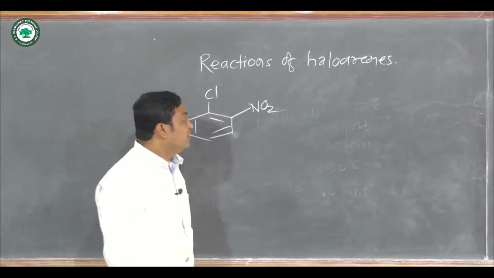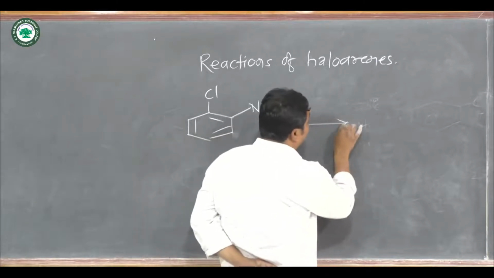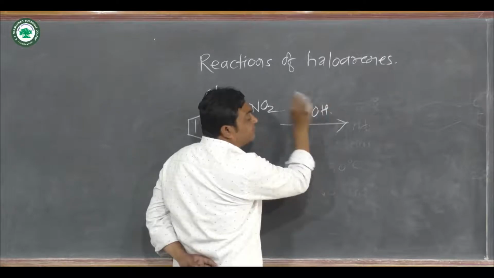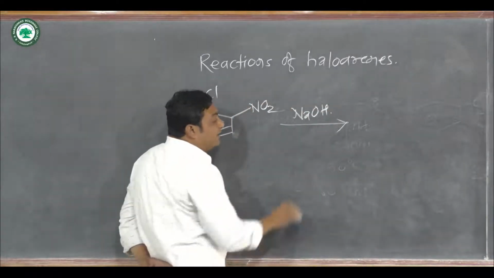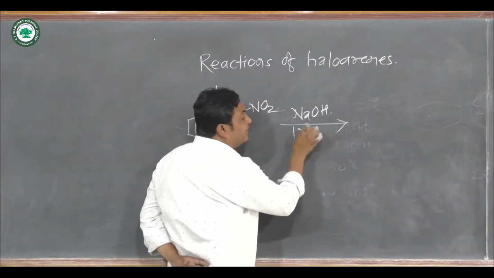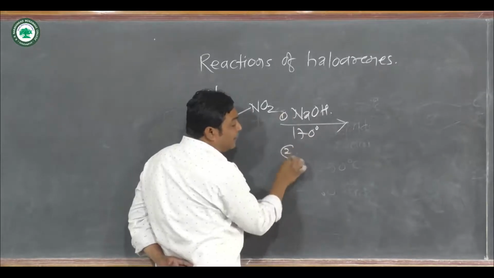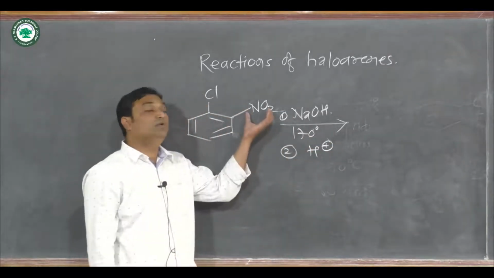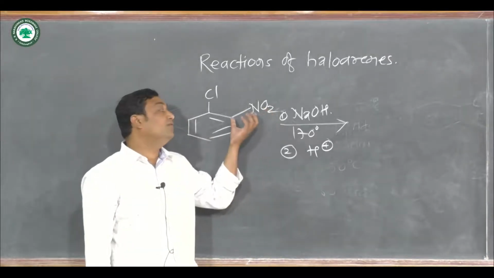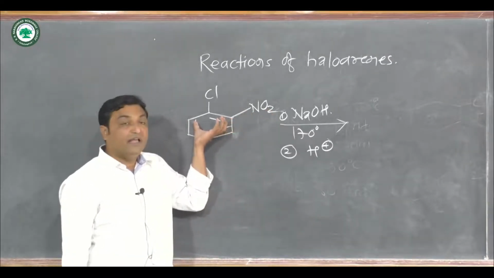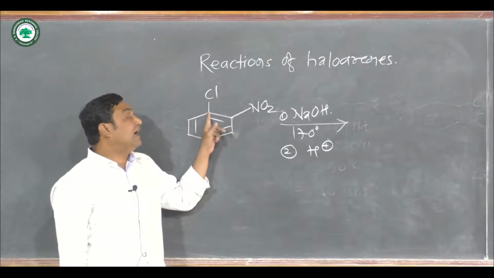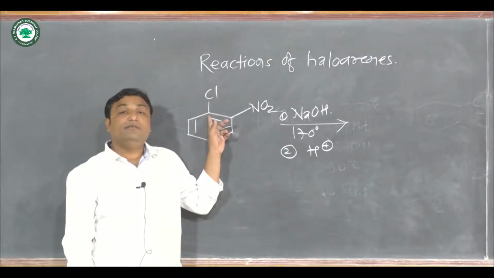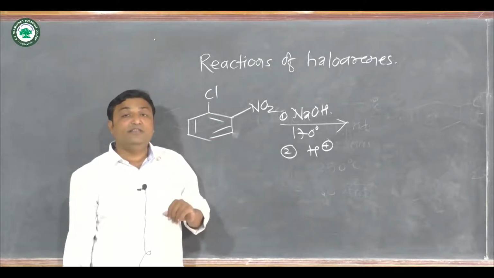When this molecule is treated with a base like NaOH at 170 degrees Celsius, after the acidification, we know that this NO2 is an electron withdrawing group which withdraws electrons from this ring, and that's why this carbon atom on which this halogen atom is present becomes somewhat electrophilic in nature.